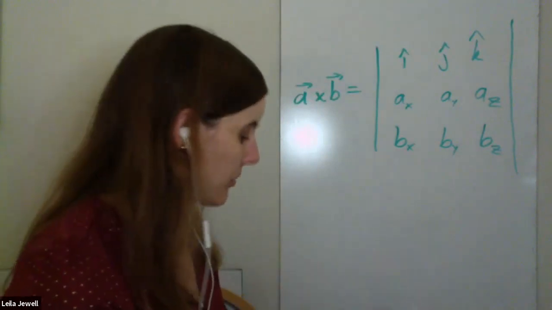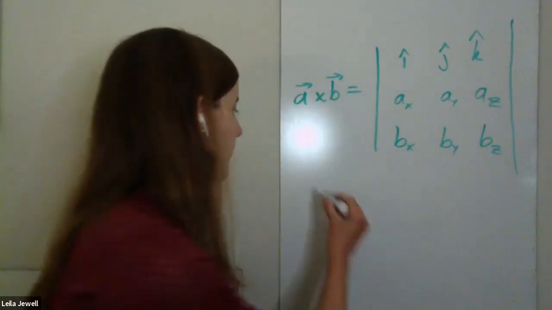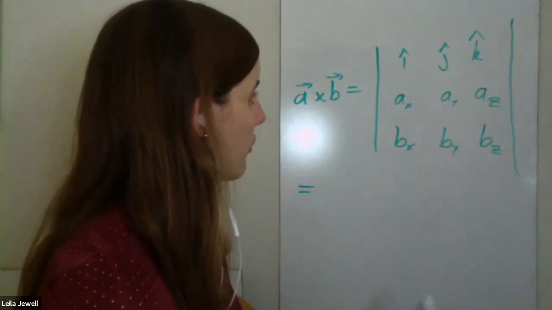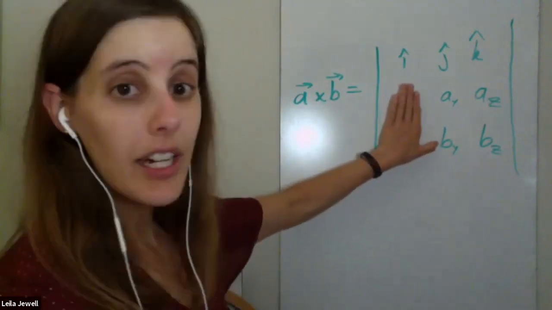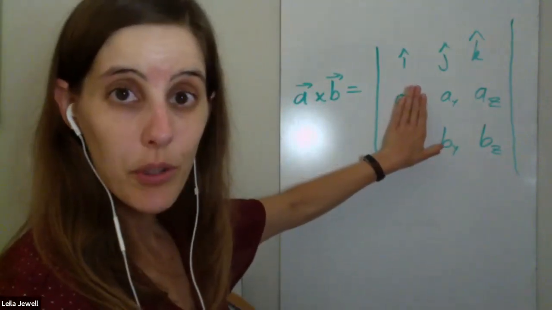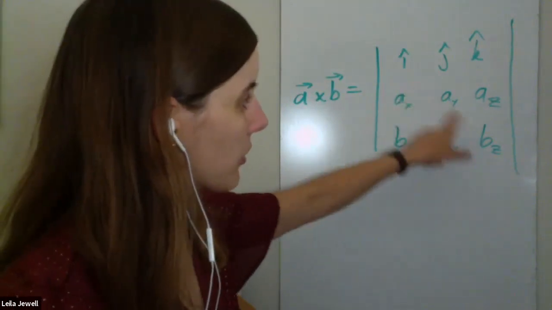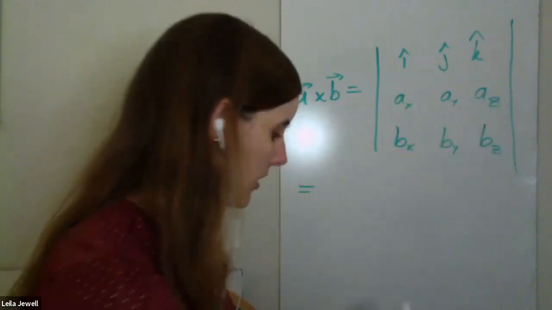So what we're going to do in calculating this is look at each part. First, I'm going to look at the i hat. When I look at the i hat, I actually cover up the x components of A and B, and I'm going to focus on taking the determinant, or the cross product, of these other ones here.